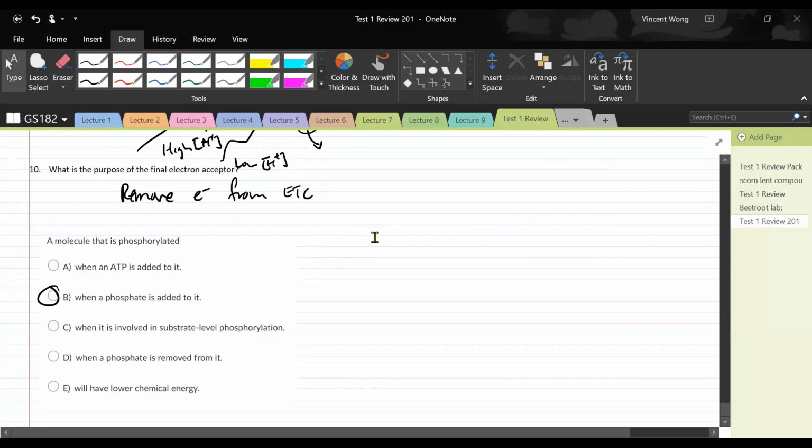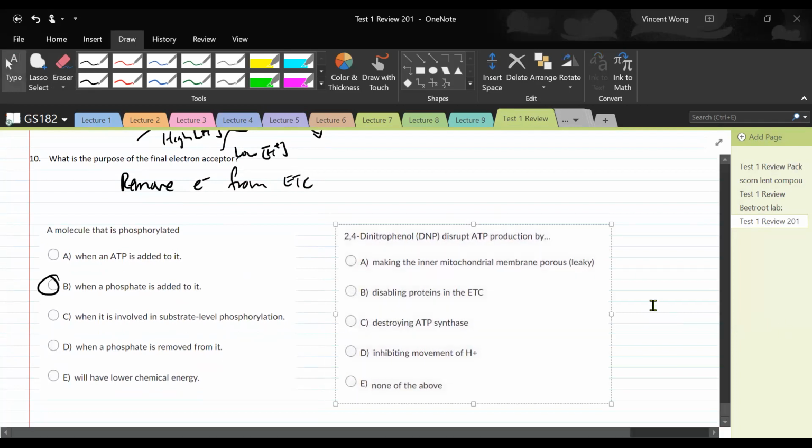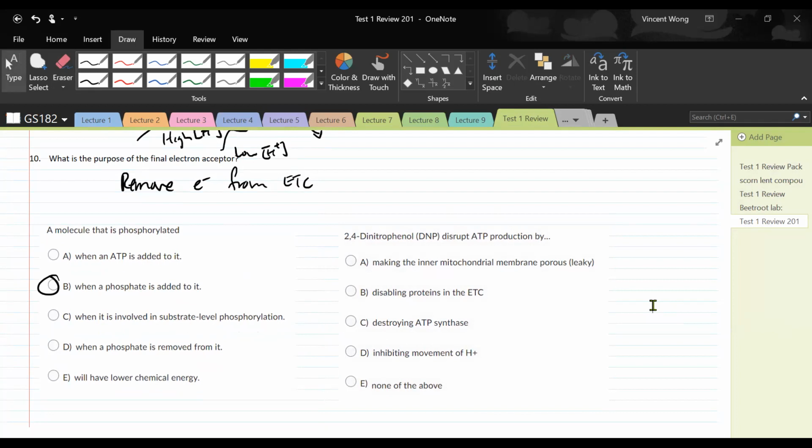Okay, bonus round, one more. I don't know if you guys remember the poisons, okay? We talked about a bunch of poisons that would disrupt the ETC, right? Rotenone, carbon monoxide, cyanide, DMP. Remember the article I showed you, right? The girl who bought the diet pill online and it turns out contained DMP, and she later was poisoned from it and died from it.